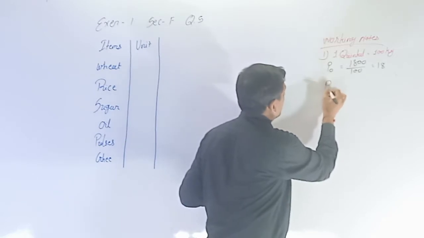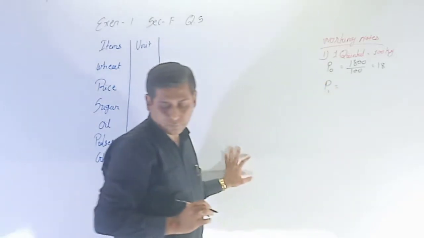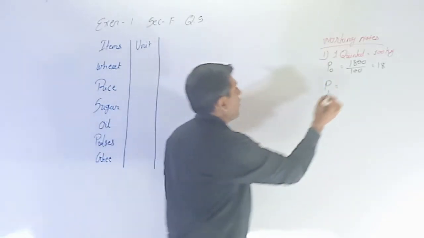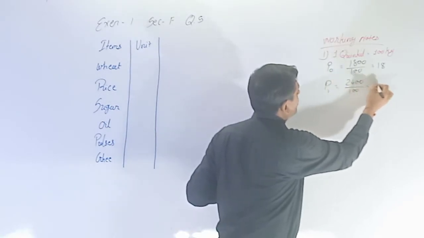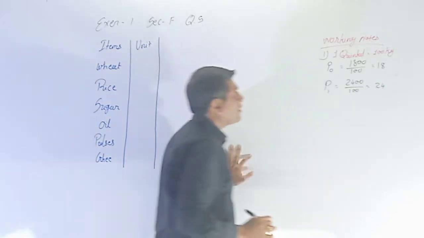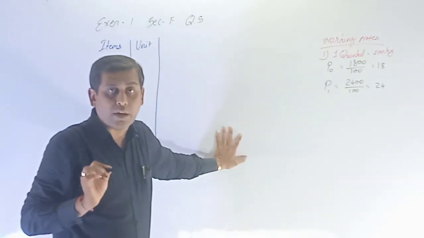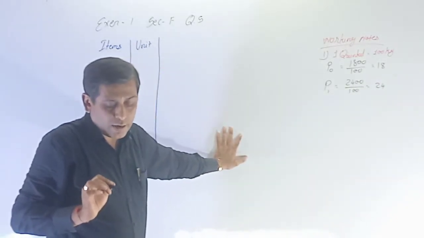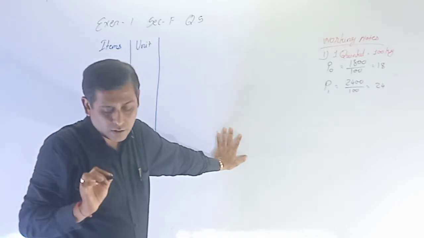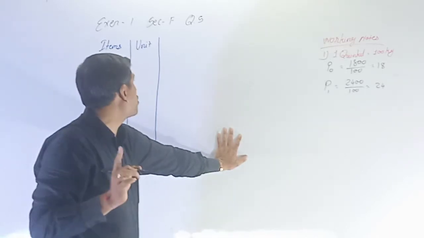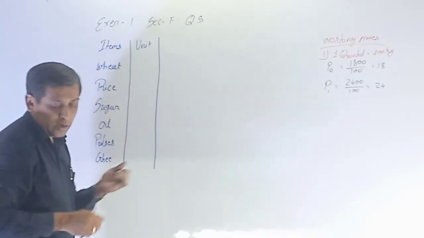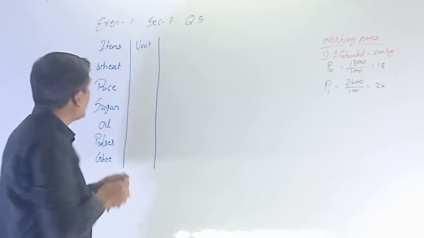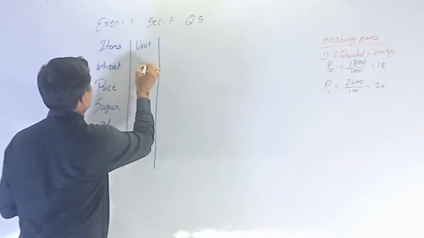Then P1 is equal to what? 2400 is given, divided by 100, so 24 is the price of the current year. So I am converting wheat quintal into kg, so we can write kg in the unit column.